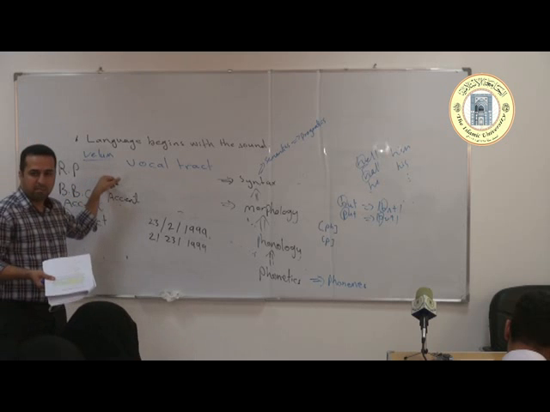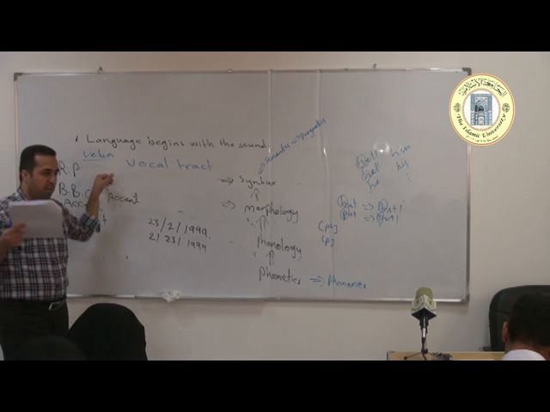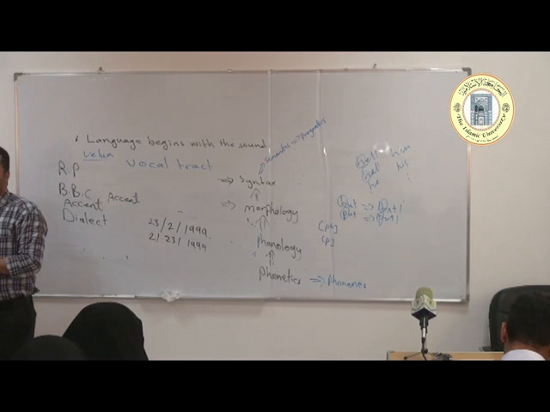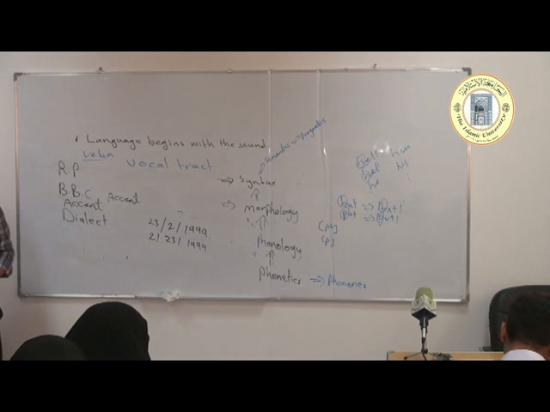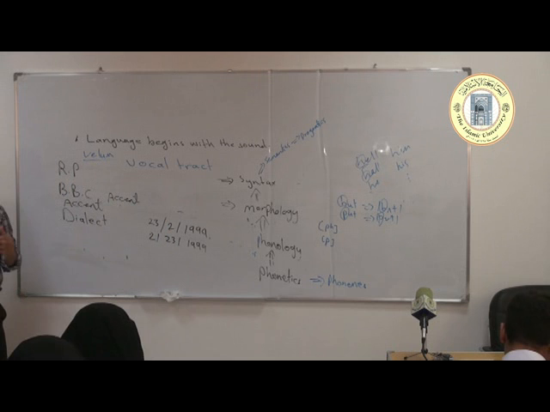The pharynx, what is it in Arabic? Right? Yes. And the tongue, of course, the tongue is very important. It is a very important articulator since it deals with all sounds, and its movement distinguishes one sound from another.